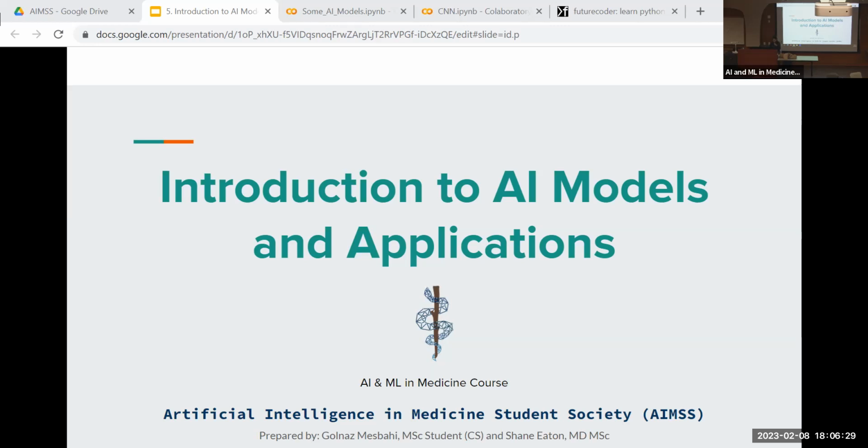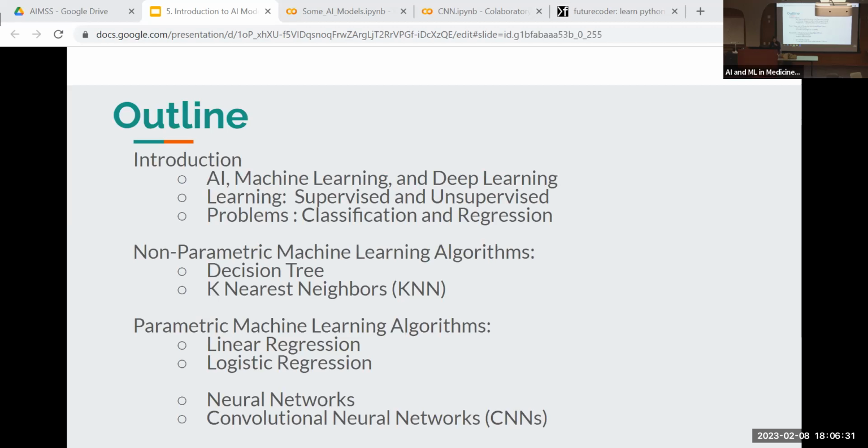So with this information, let me provide an outline for this lecture. First, we're going to talk about some general terms that we hear in AI, like AI, machine learning, deep learning. And we're going to talk about different problems that AI tries to solve, like supervised learning problems or unsupervised learning problems.